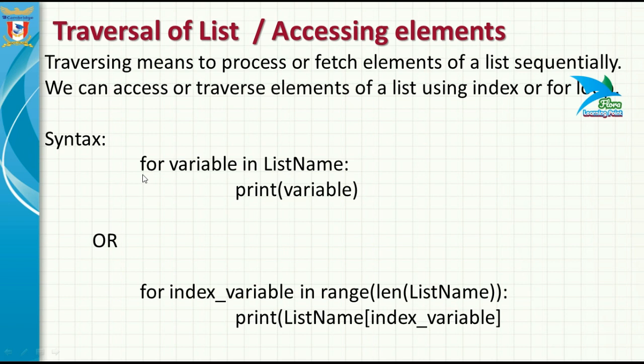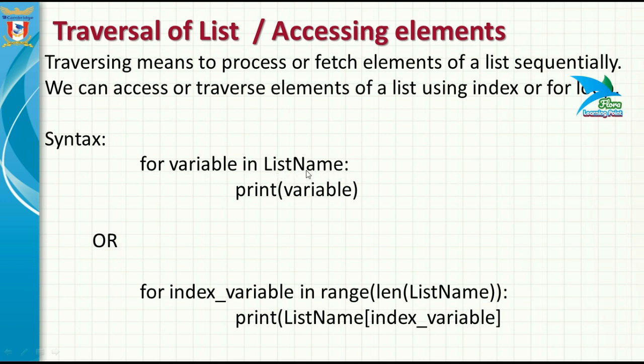So for example, if you want to make use of a for loop, then as we know, a for loop can process the elements of any sequence, that may be a list, maybe a tuple, or maybe a string also. So you can write for variable in, and after that the name of that sequence.